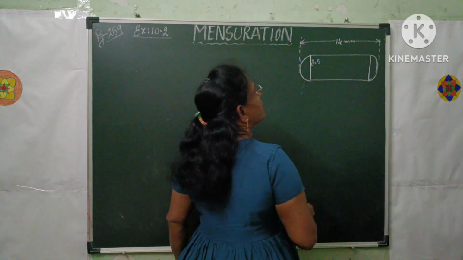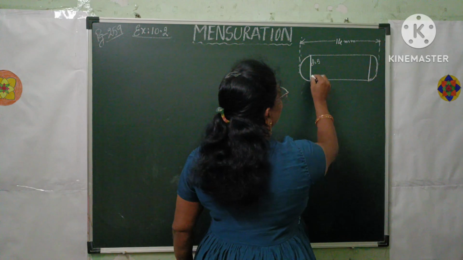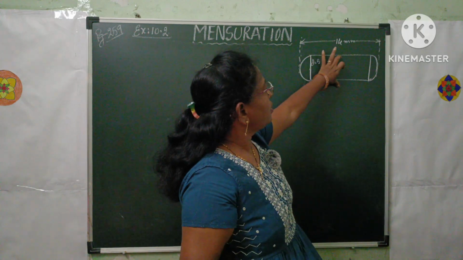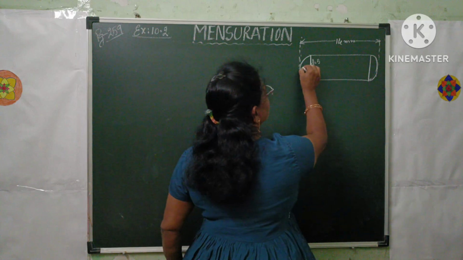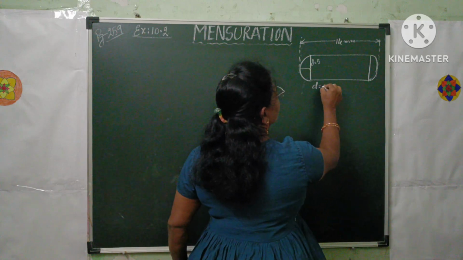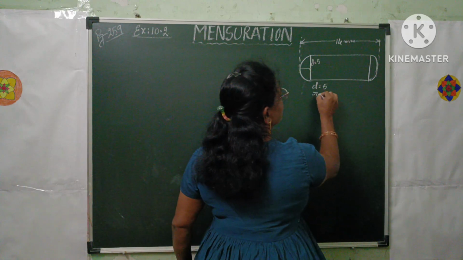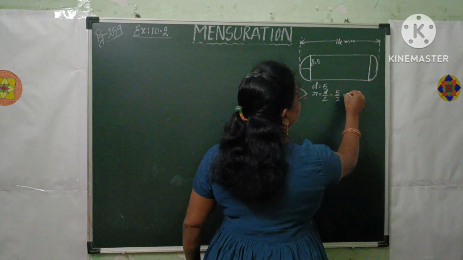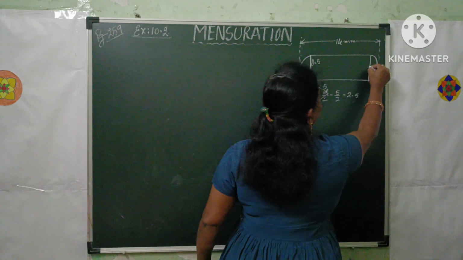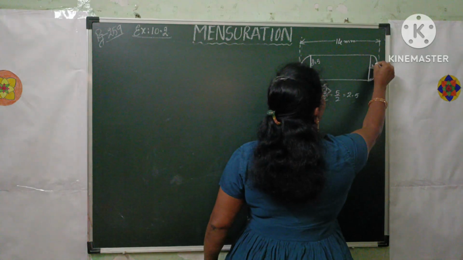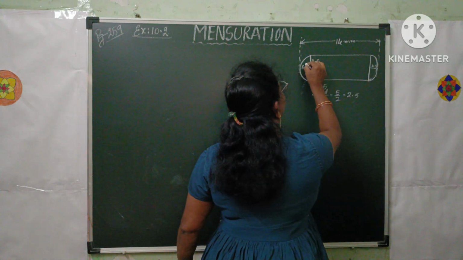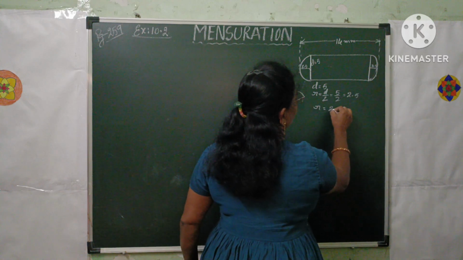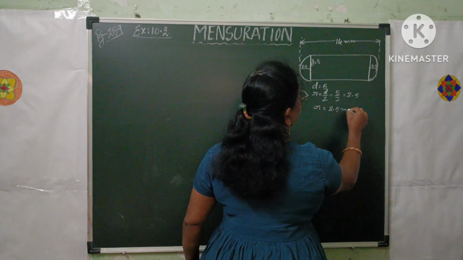Width means a diameter. Okay. So that is the same diameter of the hemisphere and the cylinder. So diameter equal to 5, radius equal to diameter by 2, that is 5 by 2, which means 2.5. So the radius is 2.5 mm.